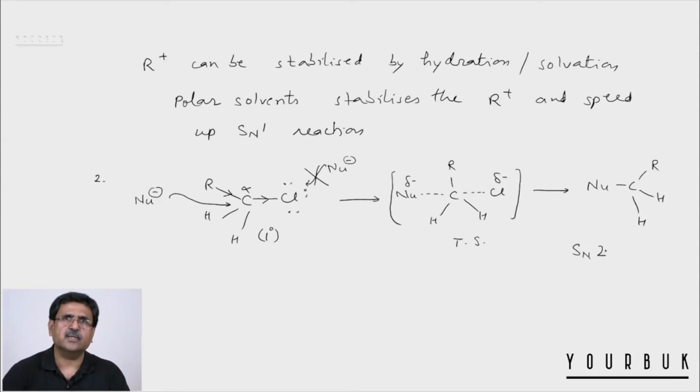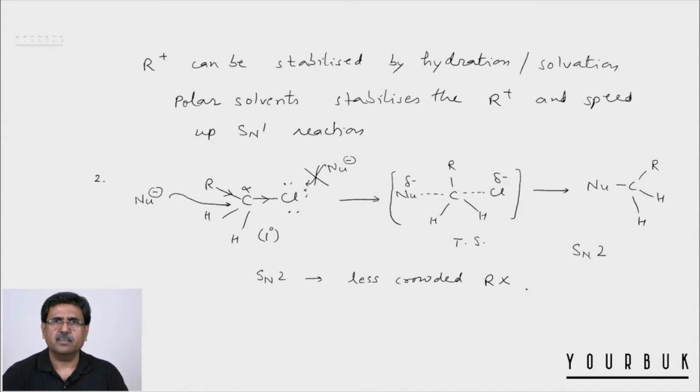Now SN2 reaction is given by less crowded alkyl halides. So we can state that SN2 reaction is given by a less crowded alkyl halide. Right? So primary has the least crowding, so primary alkyl halides are the most reactive towards SN2.